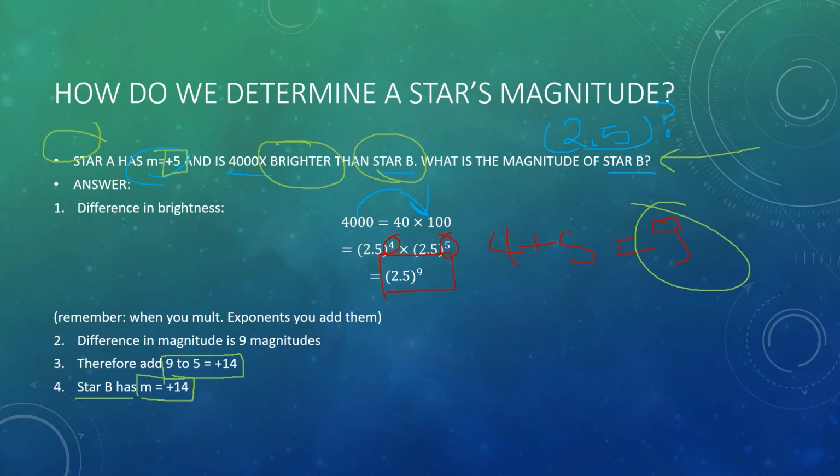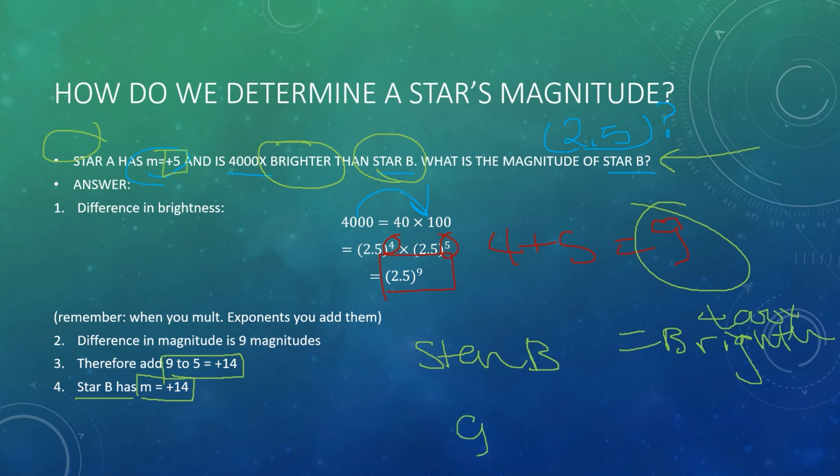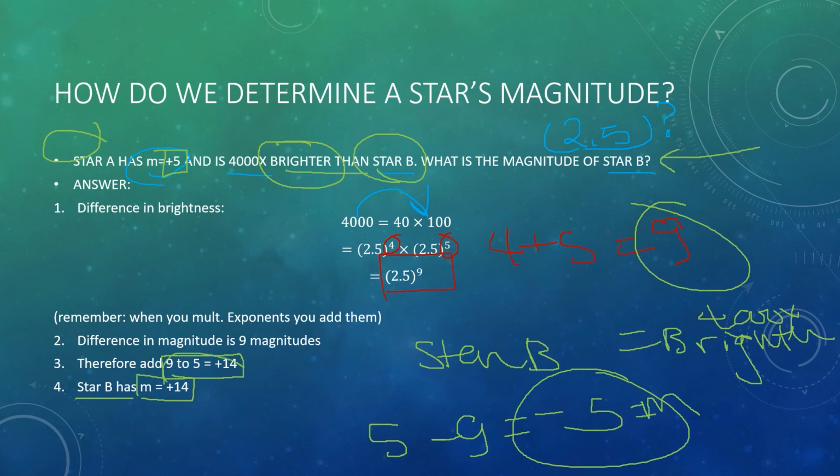So if it was the opposite way, where star B was brighter, then you would do 5 minus 9, which would equal -5. So we would have an m of -5. Does that make sense?